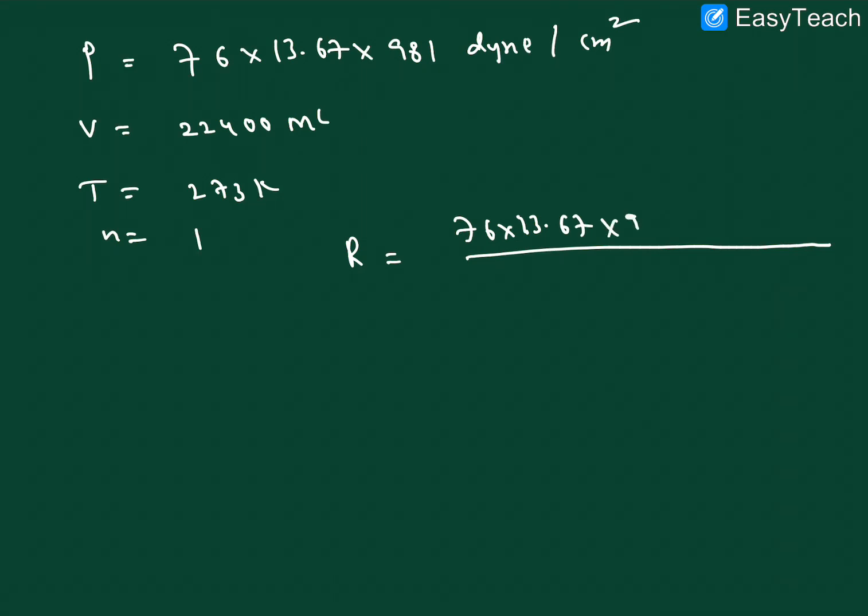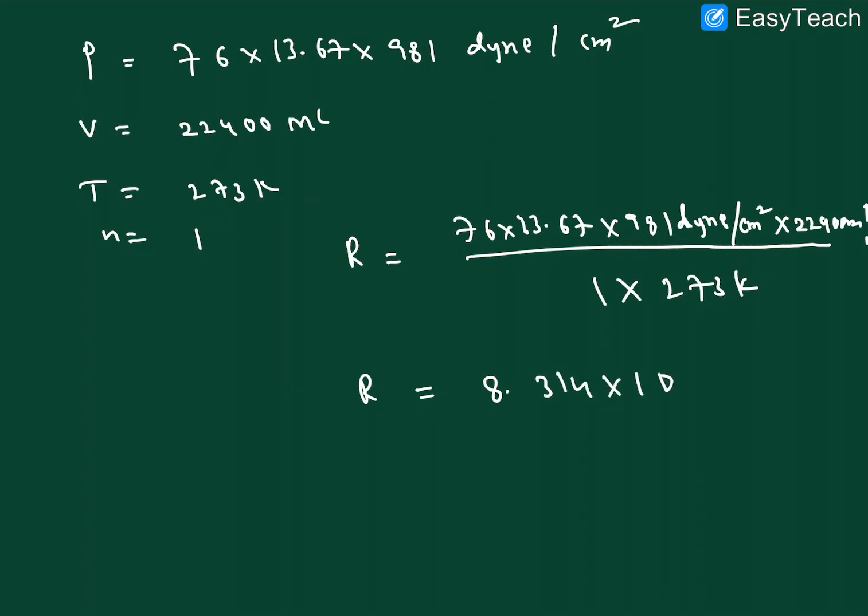Right, 1 calorie is equal to 4.184 into 10 to the power of 7 ergs, right? So now we want calories. R is equal to 8.314 into 10 to the power of 7 divided by the value of 1 calorie, 4.184 into 10 to the power of 7.